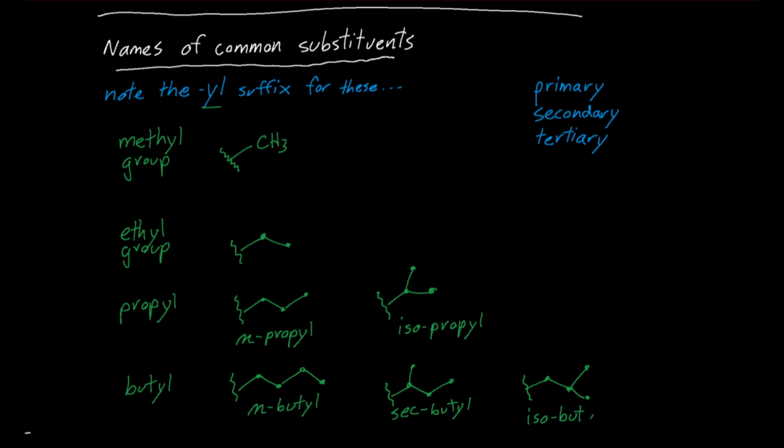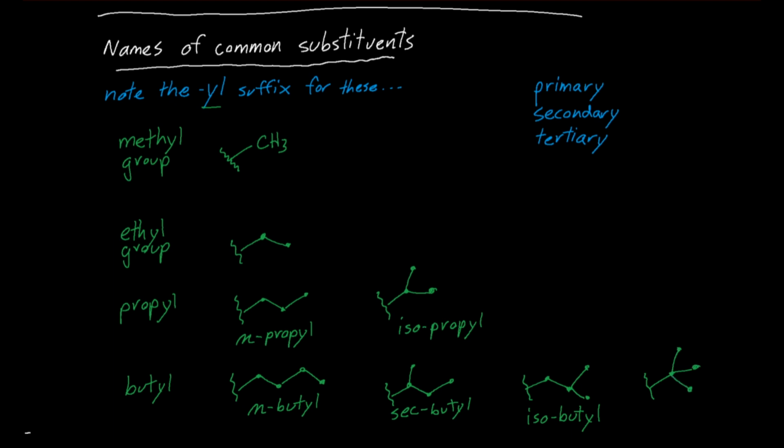Notice how the nomenclature sort of loses consistency at times. Most nomenclature is a mixture of a systematic nomenclature and common names. And it's hard to overcome common names, especially if they've been used for 150 years. There's one more. 4 carbons.